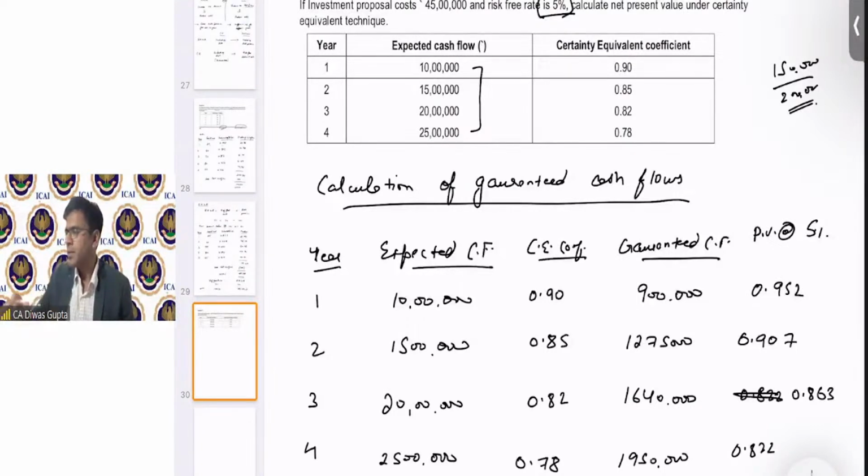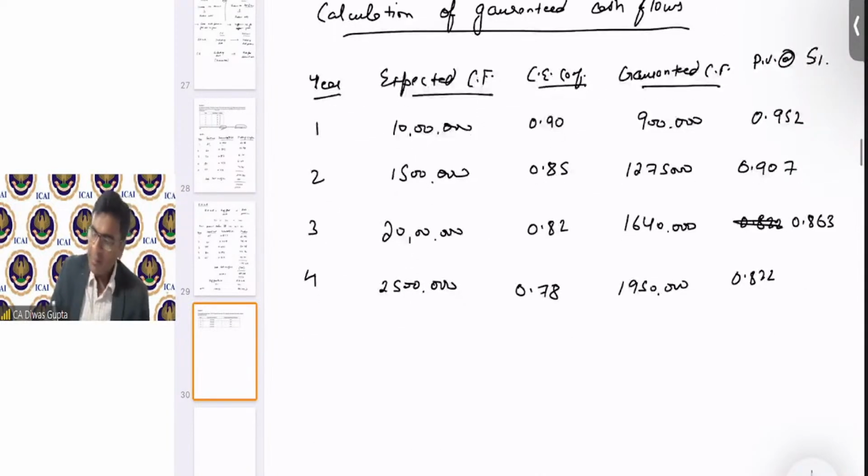Students, if we multiply this with the guaranteed cash flows and arrive at the present value, how much will that be? That will be 50,34,570.